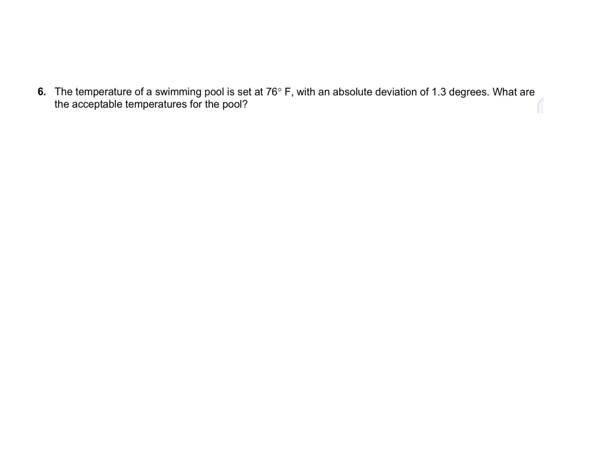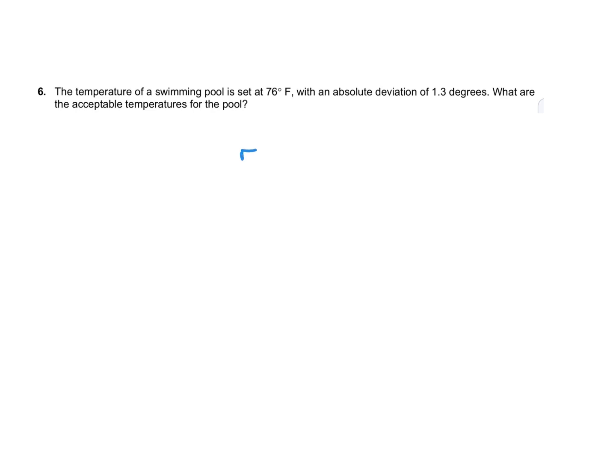All right, number 6, it says the temperature of a swimming pool is set at 76 degrees Fahrenheit with an absolute deviation of 1.3 degrees. What are the acceptable temperatures for this pool? So let's take a look at this.